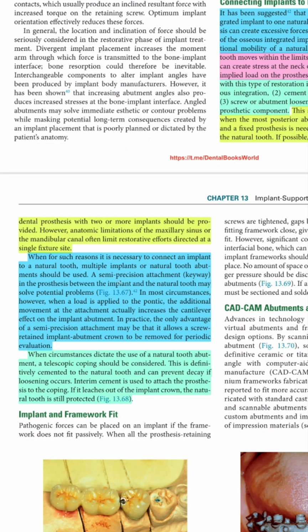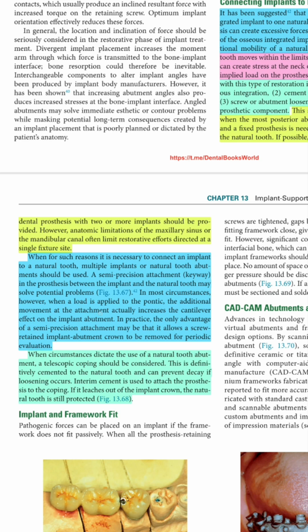We must have multiple implants or natural tooth abutments, and if we are able to, do a keyway between the implant and the natural tooth.